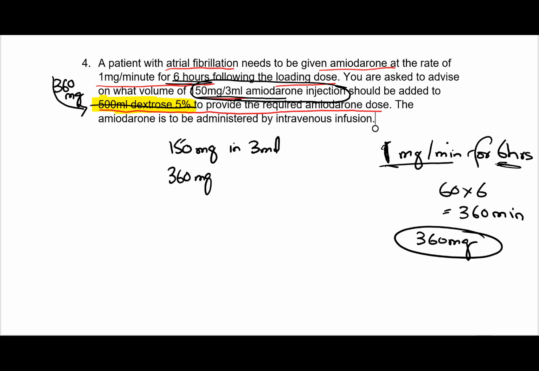So that will be 3 divided by 150 times 360, which is 7.2 mils. So that means I will take 7.2 mils of this amiodarone injection and will add to the infusion bag, which will provide 360 milligram dose to the patient over 6 hours.